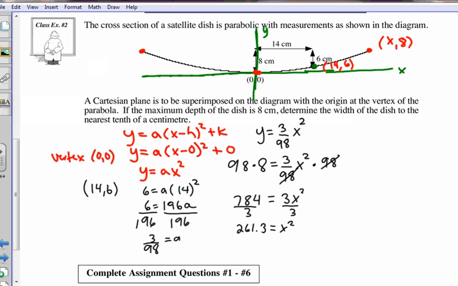Was this 3 over 98? We made a mistake. How high is this above the x-axis? If this distance is 6, how much is this?